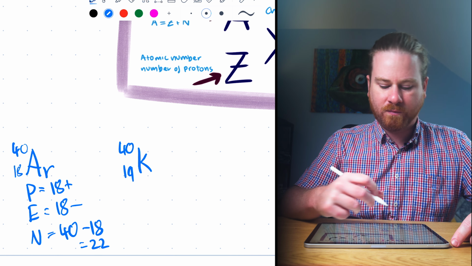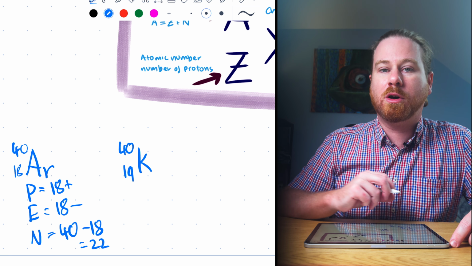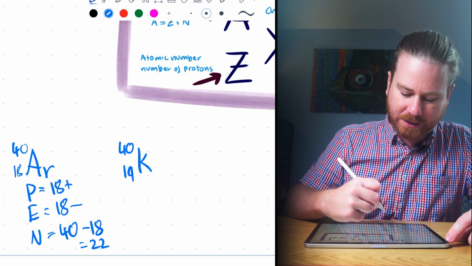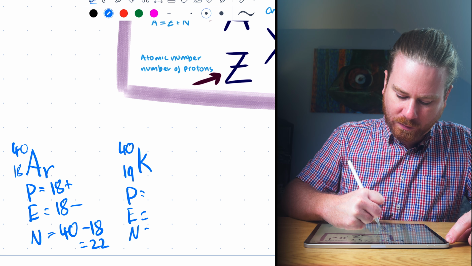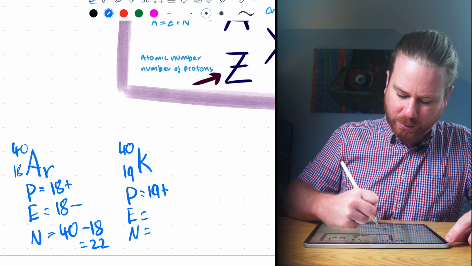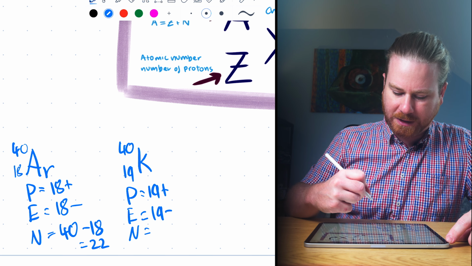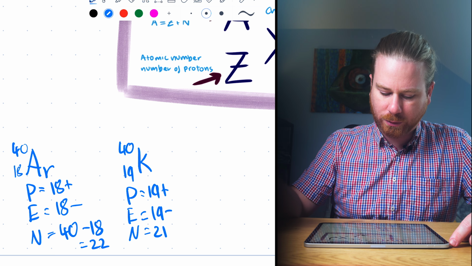So let's go on to potassium. Potassium has the symbol K and always has the number of protons as 19. Let's just do our PEN calculation nice and quickly. So 19 positive protons, 19 negative electrons, and in this case 21 neutral neutrons.